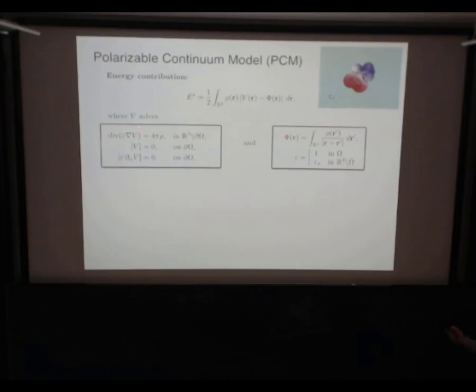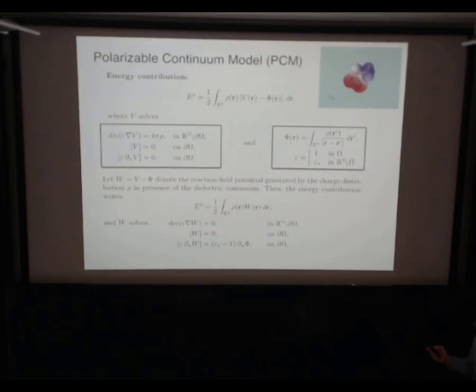However, if you now embed everything in a solvent, in some macroscopic bath or environment, then the PDE solves this kind of problem where we have now this epsilon function that is 1 inside the void and epsilon s on the outside. So this is an elliptic interface problem that we would like to solve.